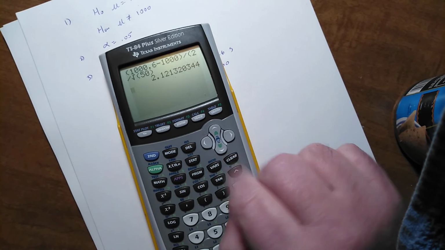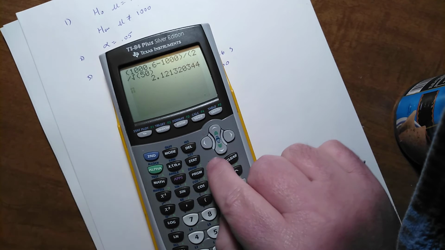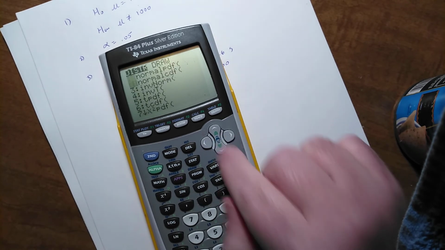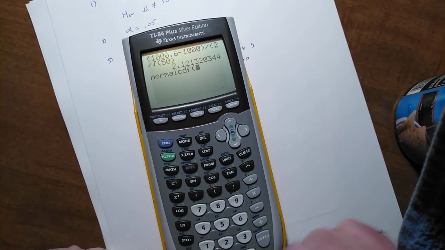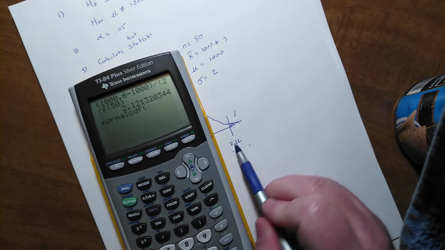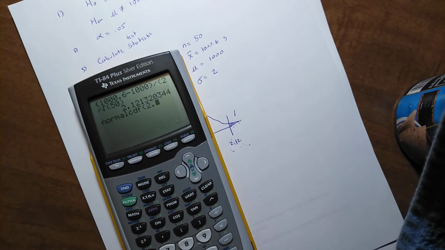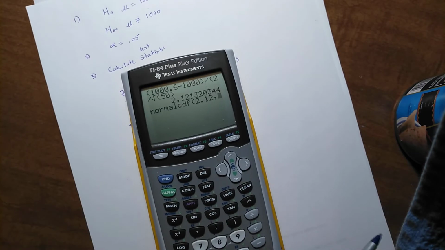Normally I would have taught this with tables, but we're not doing that anymore. So we have second function, distribution. We have norm CDF because we always use the CDF for normal distribution. The low number is 2.12. Then you have to use something relatively high for a standard normal distribution.